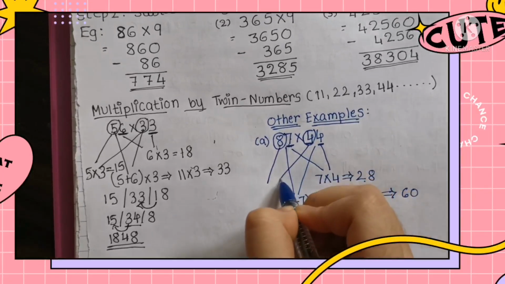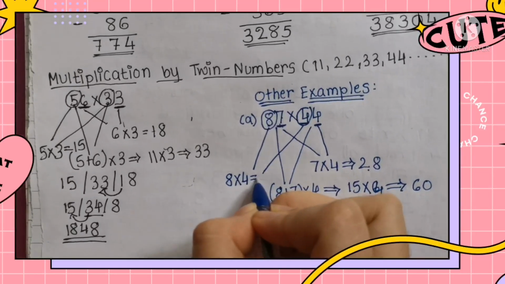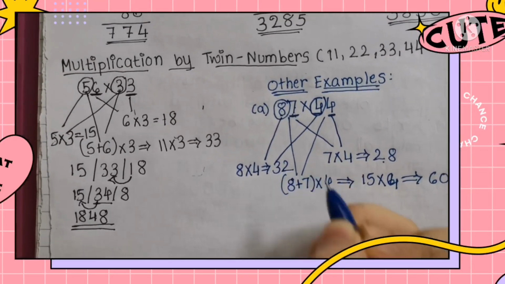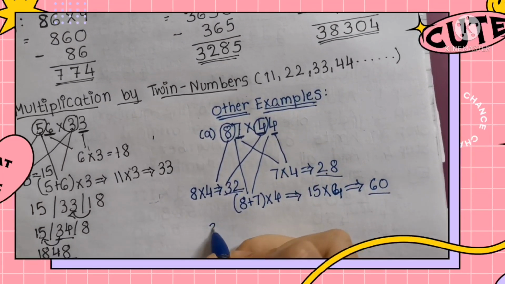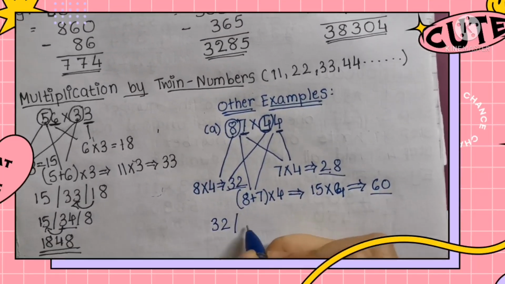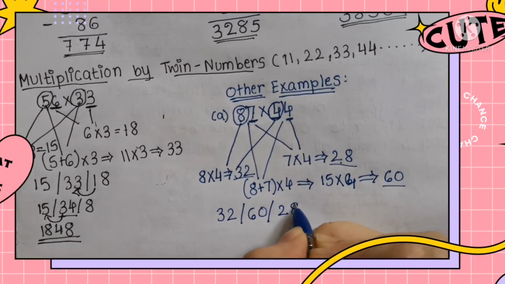So let's do it. 8 into 4, which is 32. So let's write all these three numbers in a sequence, like 32 slash 60 slash 28.